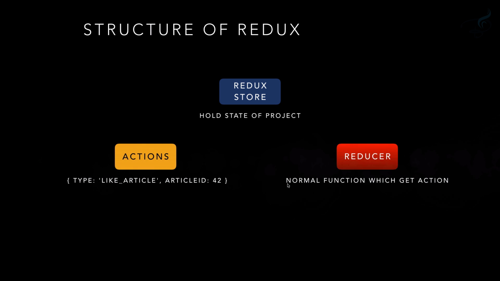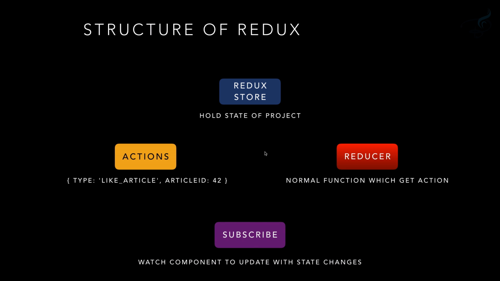Then we have reducers. Now reducers are normal functions which get actions. So the reducer gets information from the action and then it will change or update the state. But to update the real DOM of your application, you need to subscribe to that DOM part of your application.